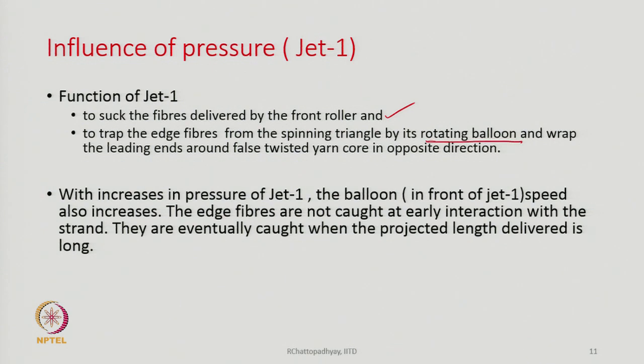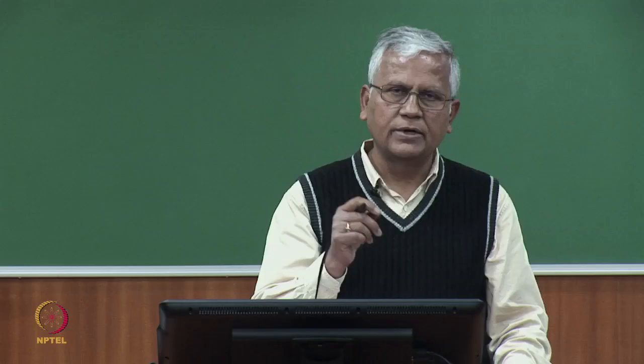Once they are trapped, the trapping is a chance phenomenon. As the fiber is moving out from the front roller nip, if they are from the edges and not from the central part, they may escape the twisting action because there is some turbulence, and they will then land on the balloon, which is rotating at a very high speed.